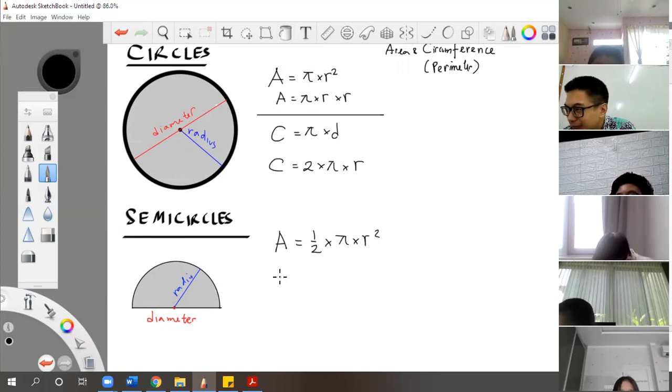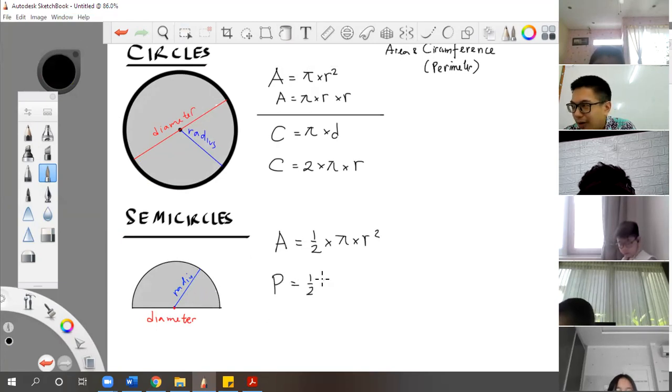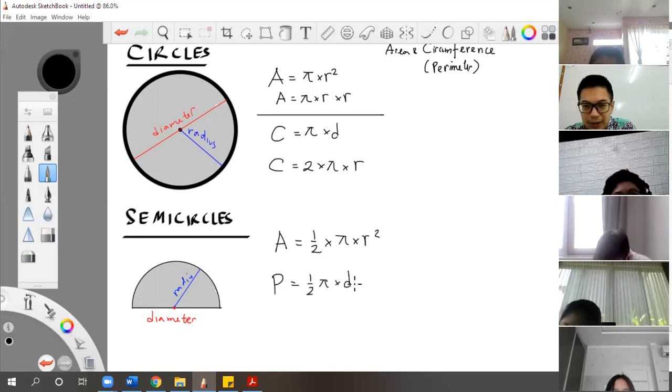And the circumference or the perimeter? This is perimeter because we have a straight line here. So half of pi times d, and then you add the diameter itself.